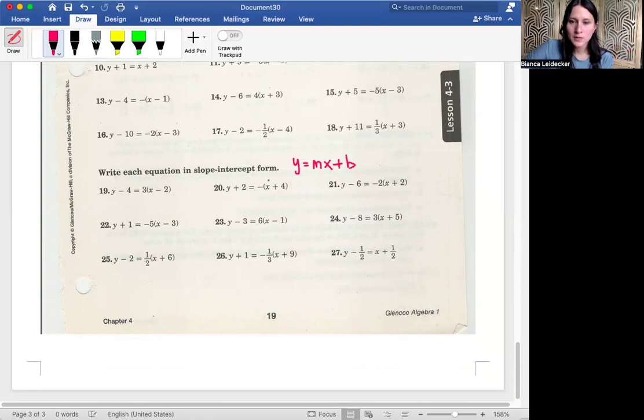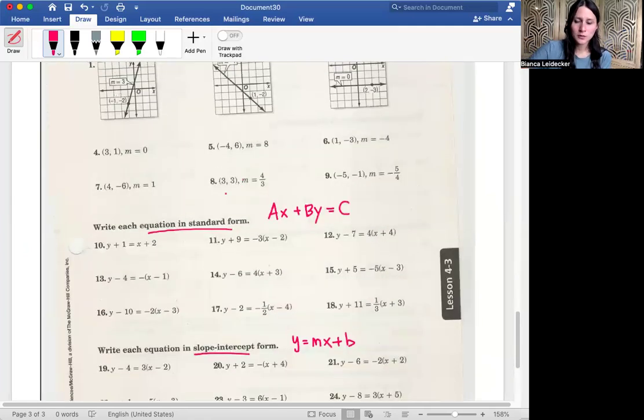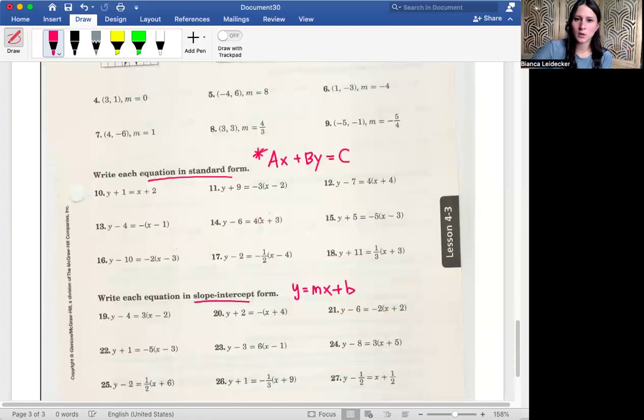So you've got to be familiar with these terms. When I say slope-intercept form or standard form, you should already be thinking, oh, I know what that is, that's this type of equation. That's something you should start to have memorized by the end of this chapter. But you're not solving for anything. You're just rewriting the problems into standard form and slope-intercept form.